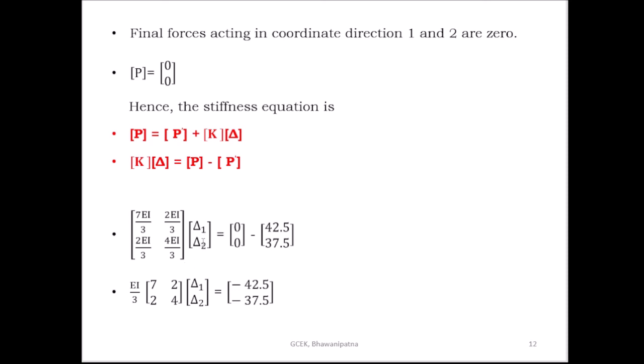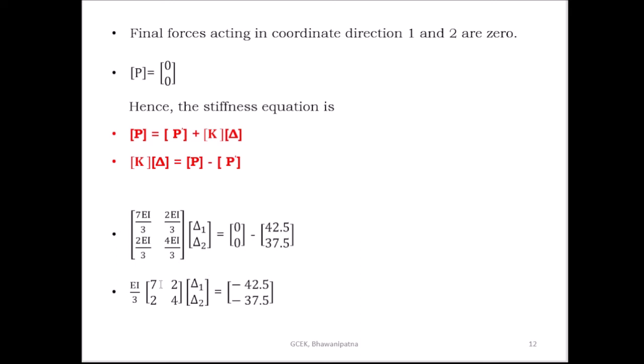And this is the displacement at coordinate 1 and coordinate 2. Then these are the final forces P1, P2 at coordinate. There are no forces at coordinate 1 and 2, so P1 is 0, P2 is 0. And this is the force due to the external loading, P1 dash and P2 dash.